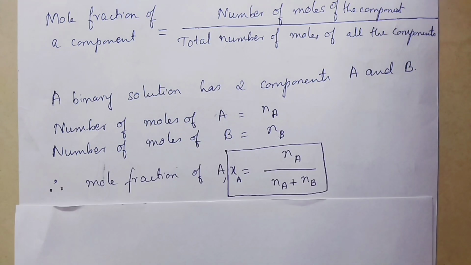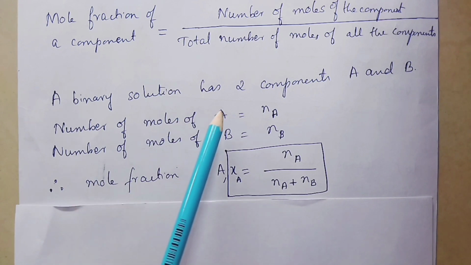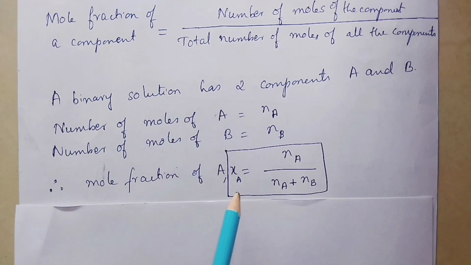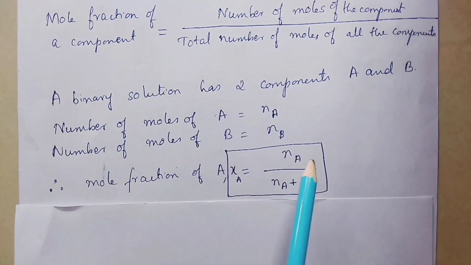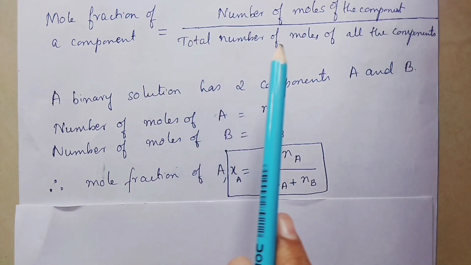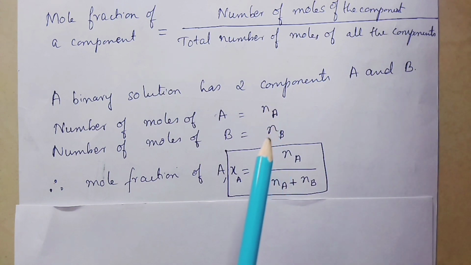Therefore, according to this formula, mole fraction of A would be chi A is equal to Na, that is number of moles of component A, divided by total number of moles of all components, that is sum of Na and Nb. So you get chi A is equal to Na divided by Na plus Nb.